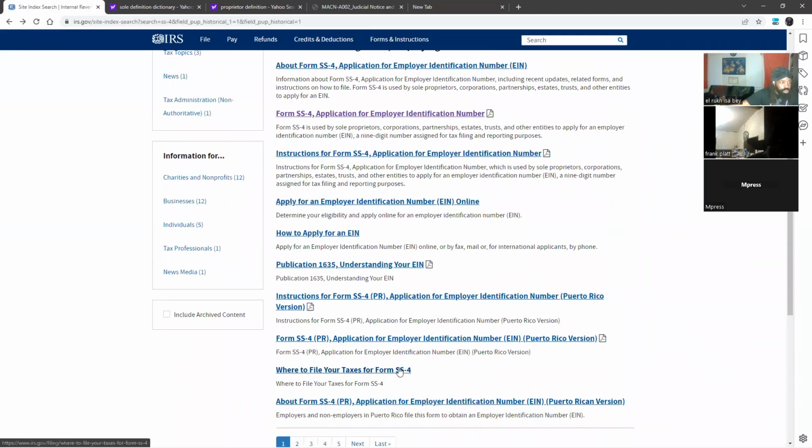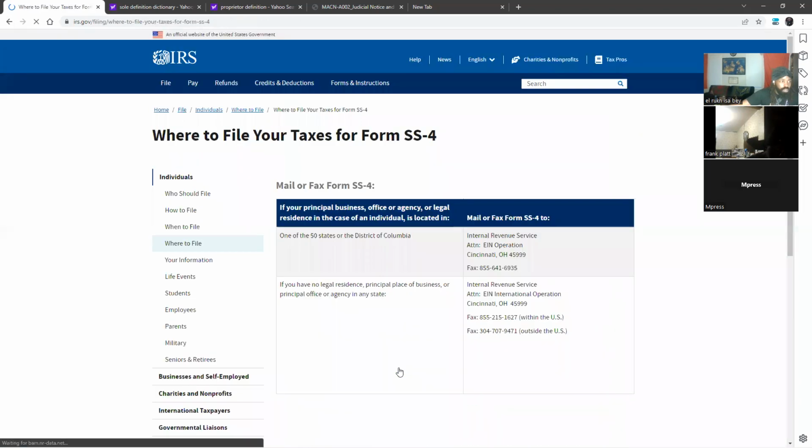I'm hungry. I want to eat. Okay, so first I have to cut this. All right, here you go, right here. This is the mailing location that you need to mail this to, or you can fax it.